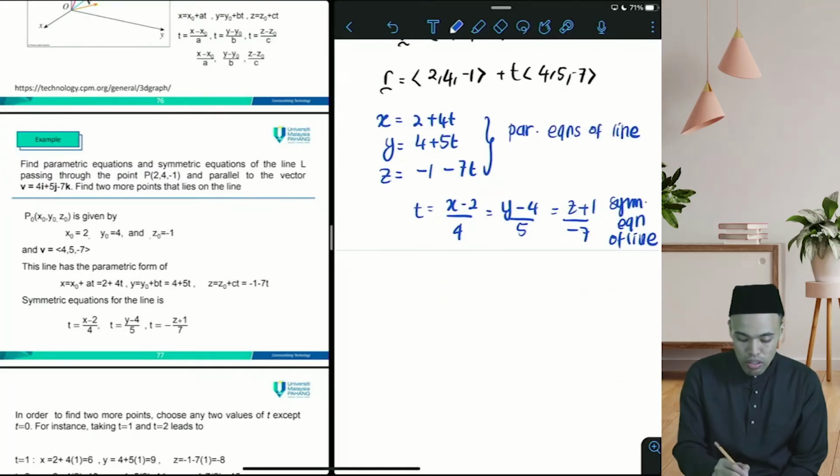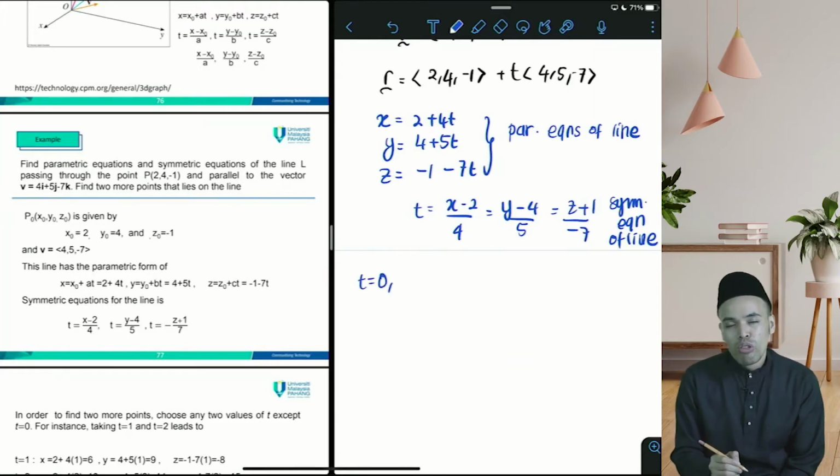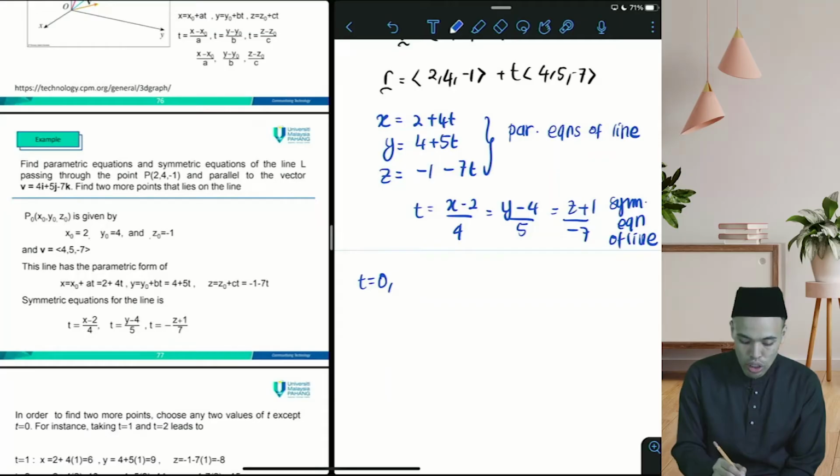You cannot choose t is equal to 0, because if you do, you will get back point P, which is (2, 4, -1). So you have to choose another value for the parameter t, such as t is equal to 1, or t is equal to 2, or even up to t equal to 1000.